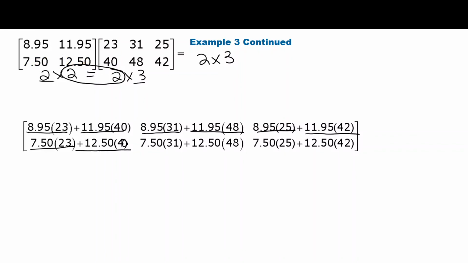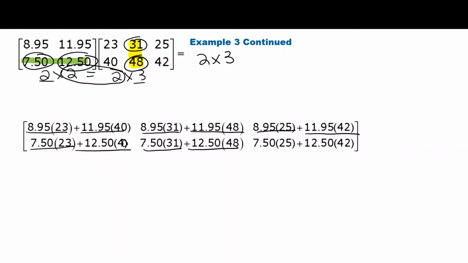And then we will, once again, rows are highlighted in the first matrix, column in the second, and we're going to go ahead and multiply again. 750 times 31 plus 1250 times 48.